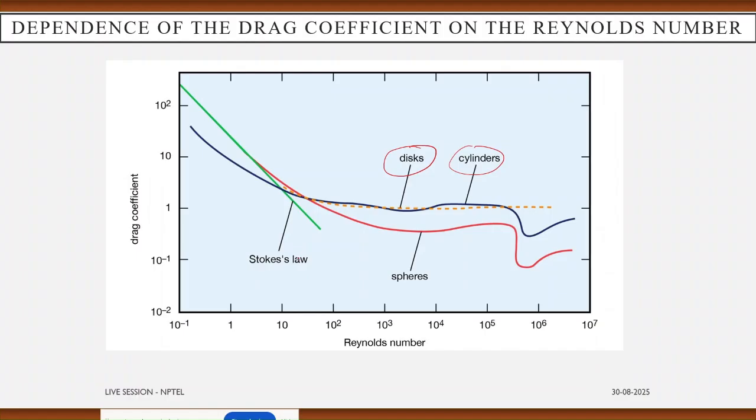This graph is helpful: if you calculate the Reynolds number, you can simply go up and get your drag coefficient, and vice versa, if you have the drag coefficient, you can go like this for the cylinder, go down, and get the Reynolds number. So this kind of graph is useful to know the drag coefficient value for a calculated Reynolds number for the fluid flow condition.